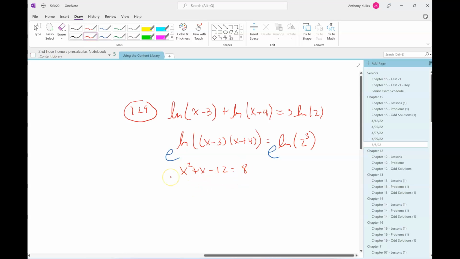And so what's left here is the quadratic. To solve a quadratic, it's got to be equal to 0. So if I subtract the 8 over, there's my quadratic equal to 0. To solve this, you could use the quadratic formula. You can just factor it. I would prefer factoring in this case because I see exactly how it factors. Just multiplies to give me negative 20 and adds to give me positive 1 is 5 and 4.